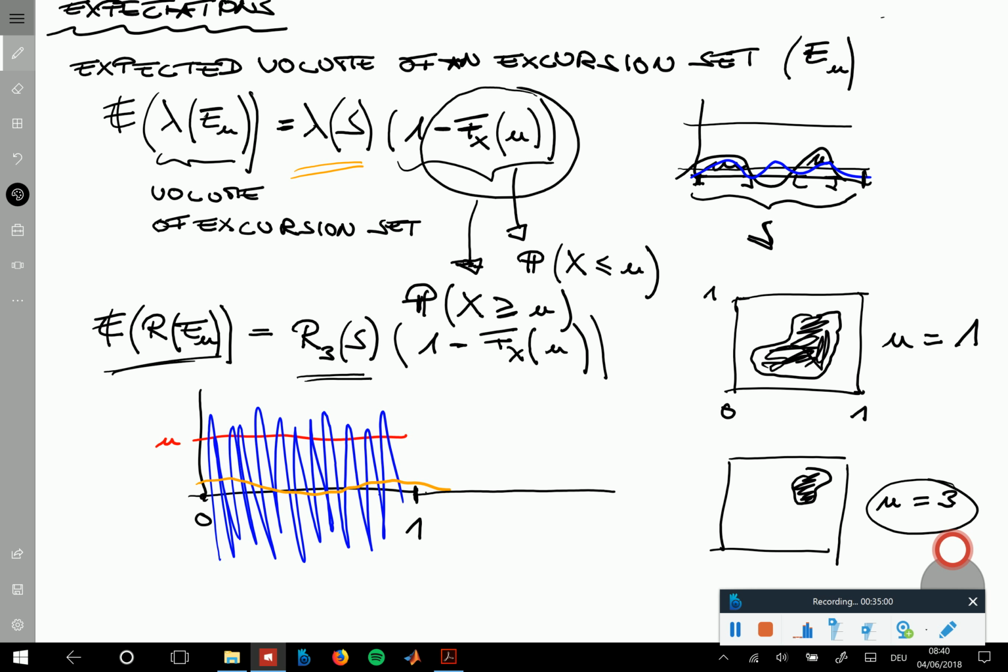It actually requires stationarity, as I discussed in this little proof there, which is essentially taken straight from the Adler 1981 book. I think it's only stationarity that is actually required.